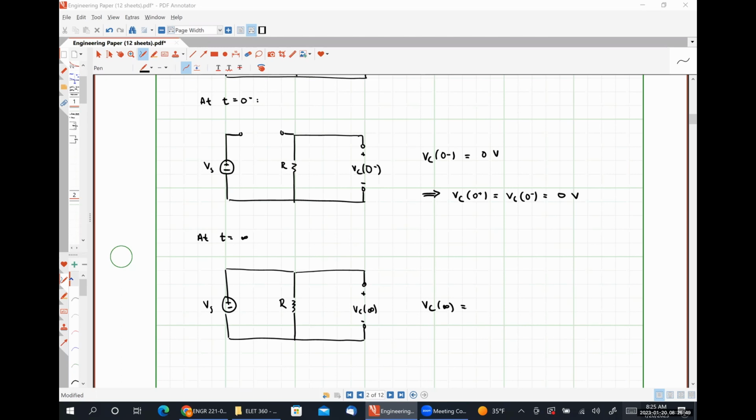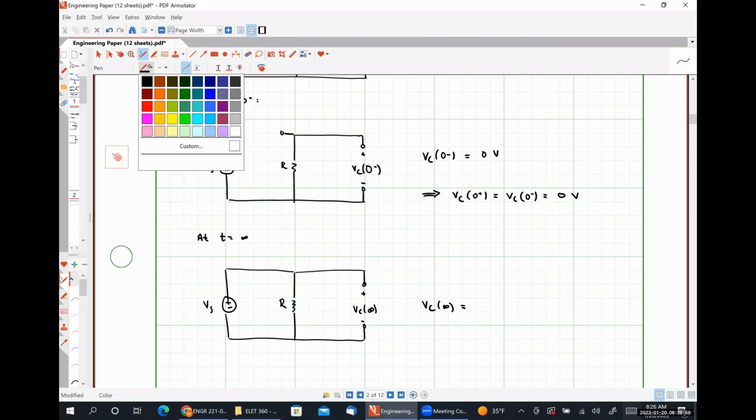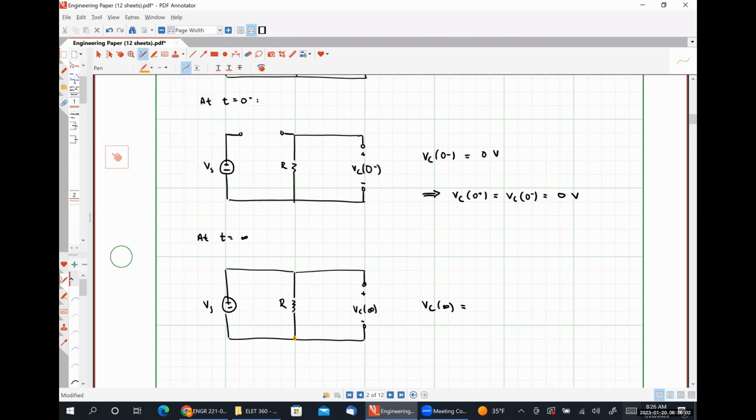I'm trying to find the voltage drop across the capacitor. So let's call the negative polarity terminal my reference, and let's call this node up top VA, right? So the potential difference between node A and ground is VS. Everybody okay with that?